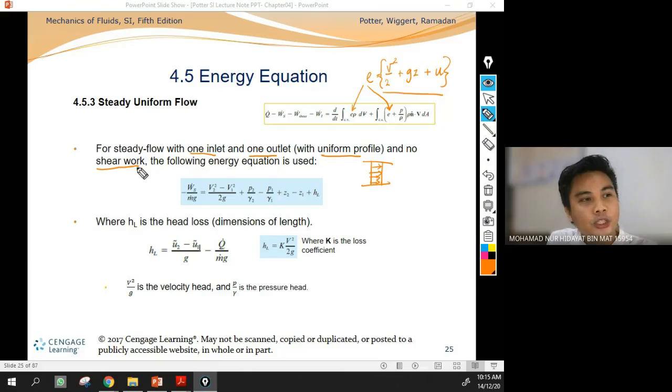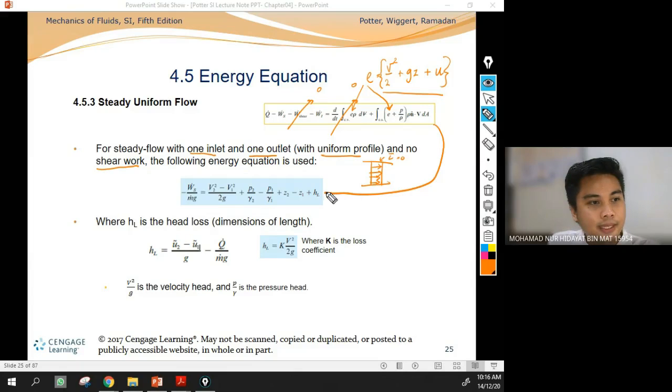They mention no shear, so that means the tau here is equal to 0. So no shear work, 0. The change of time, 0. The following energy equation is used. So they try to simplify the equation, and finally the equation becomes like this.